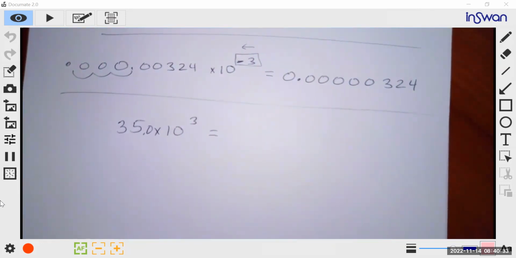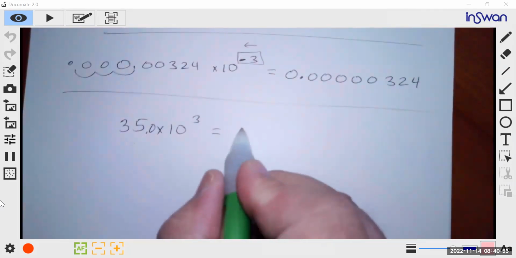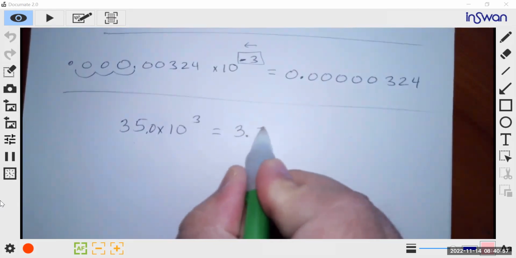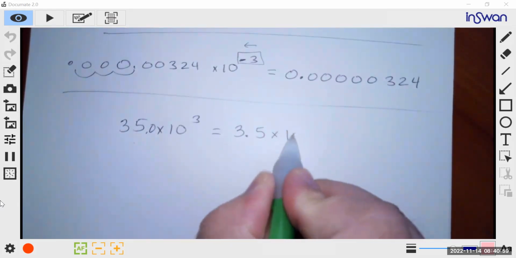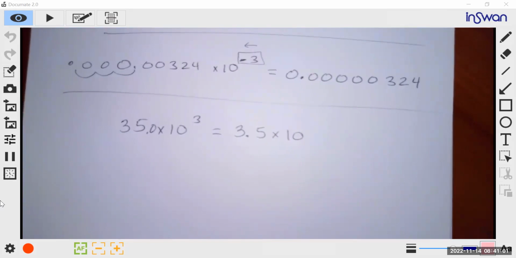Yeah, if there's no decimal, it's always after the last digit. So we know it's going to be 3.5 times 10 to the what?